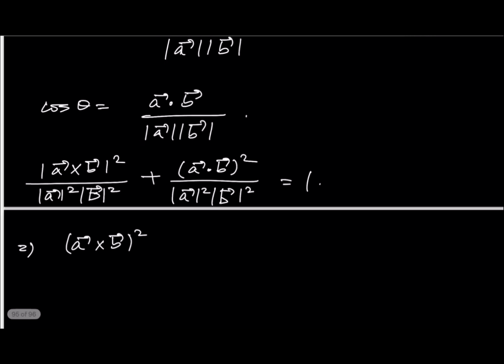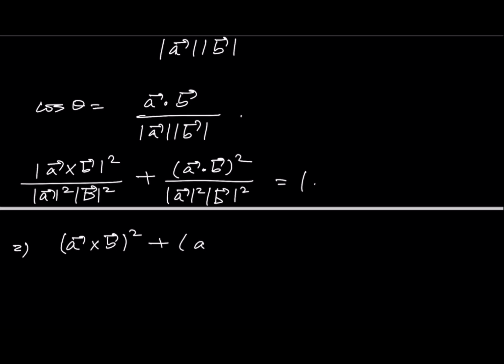So A cross B square plus A dot B square is equal to mod of A square into mod of B square.